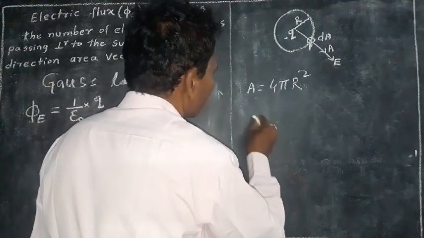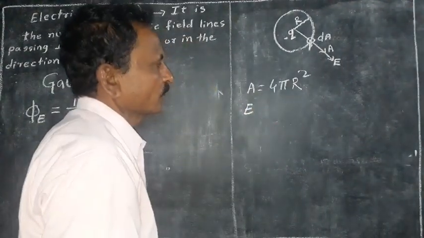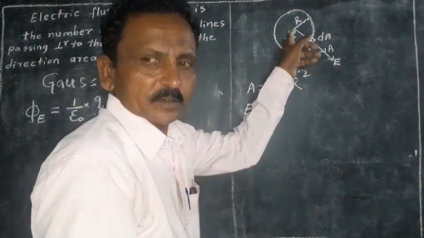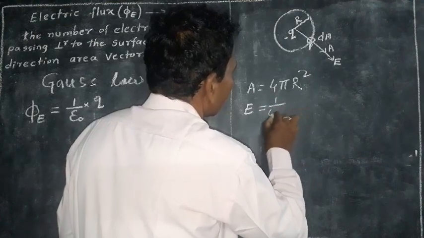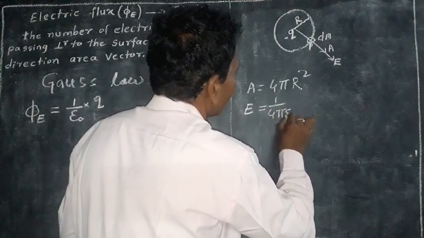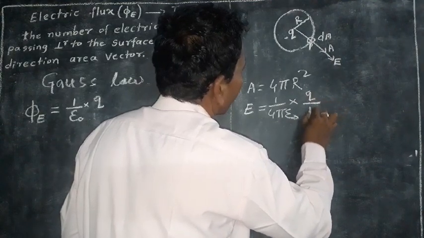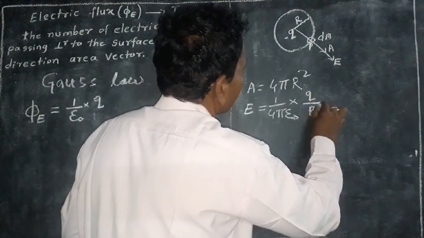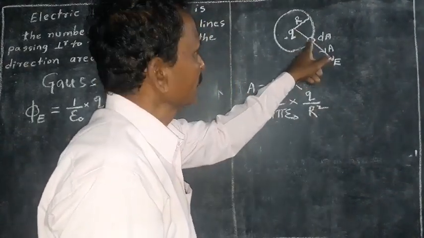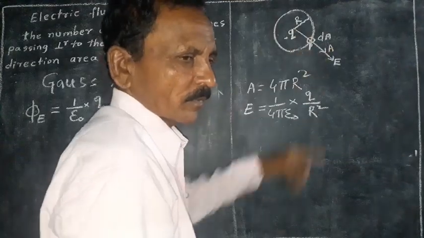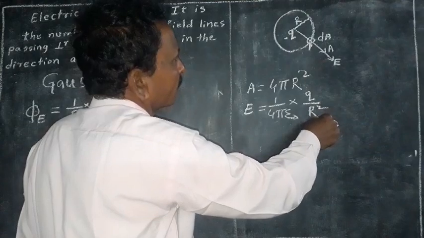And according to Coulomb's law, electric intensity due to a point charge is given by E equal to 1 upon 4 pi epsilon naught into Q upon r square, where r is the distance of the point P from the charge. For the radius, it is the same. Hence this distance is equal to r, that is r square.